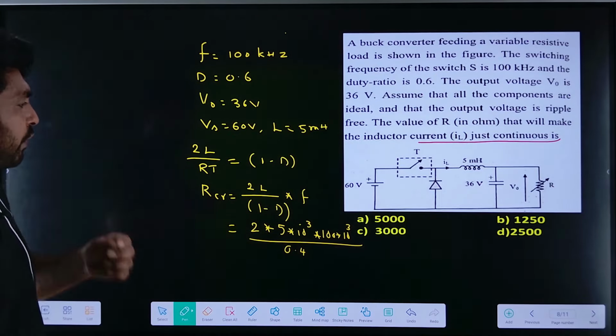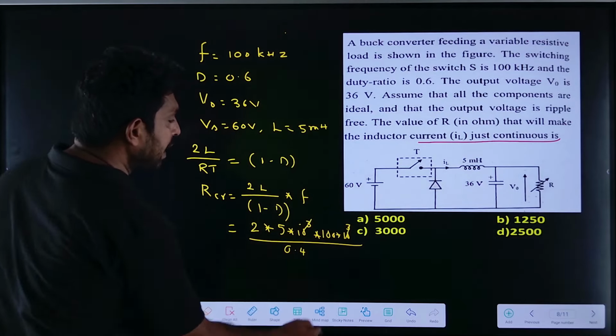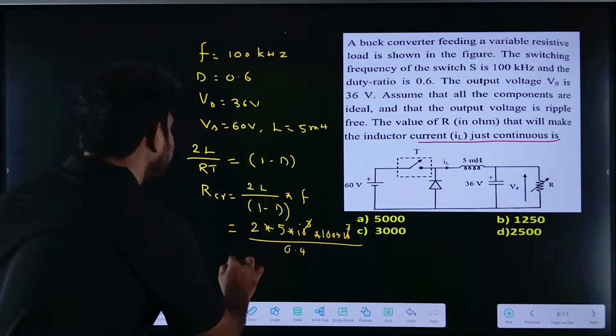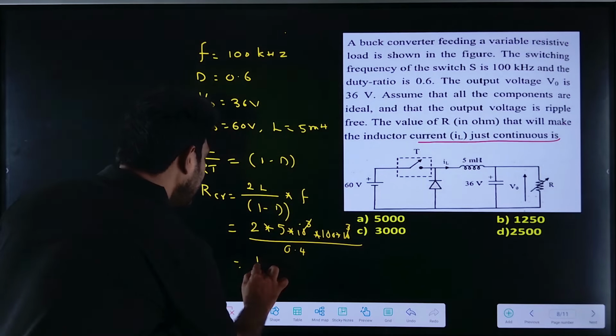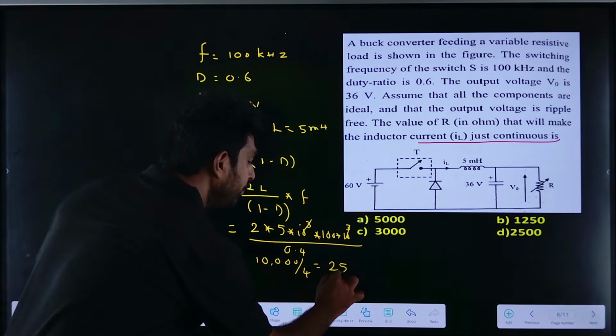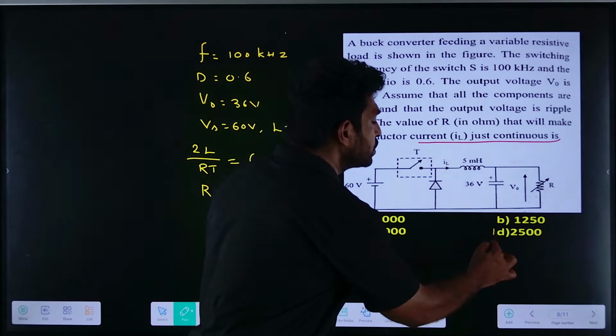The 10 power minus 3 and 10 power 3 cancel. 2 fives are 10, so 1000 divided by 0.4, that is 10,000 divided by 4, which equals 2500. So the answer is 2500 ohms.